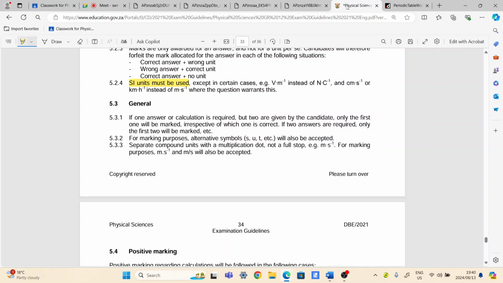So for example, we normally work in meters per second, not kilometers per hour. So usually the unit must always be set in the standard one, which is meters per second, unless the question asks you to calculate it in kilometers per hour. Okay. So unless the question says otherwise, always stick to the standard unit for that specific question.